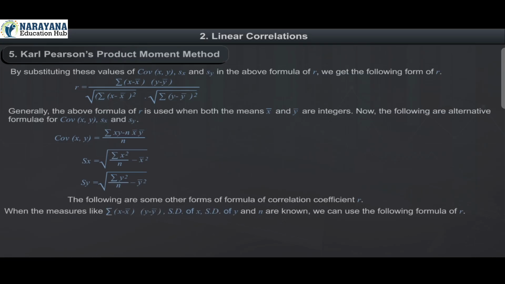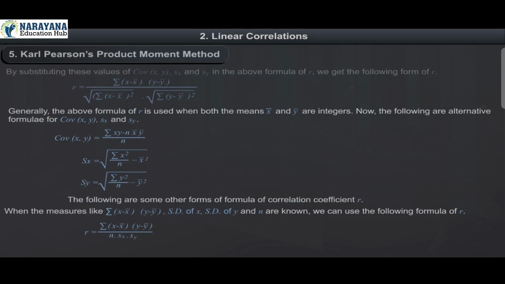When the measures like sigma (x minus x bar) into (y minus y bar), standard deviation of x, standard deviation of y and n are known, we can use the following formula of R. R is equal to sigma (x minus x bar) into (y minus y bar) divided by n into Sx into Sy.